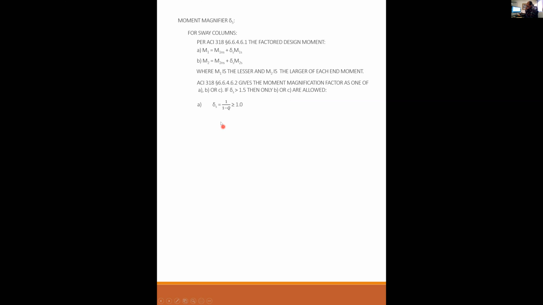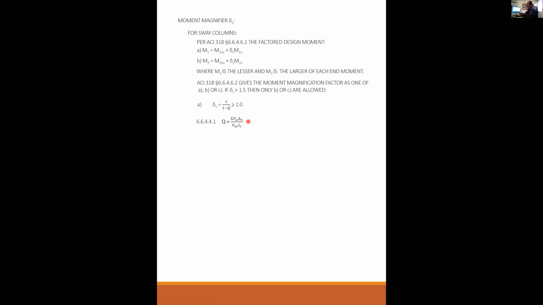A is this: delta S is equal to 1 over 1 minus Q, greater than or equal to 1, where Q is equal to the sum of the factored axial loads of the whole story. So this would be like if you have 20 columns on the ground floor, it would be the sum of all the axial load on all 20 columns on the ground floor, times delta naught.